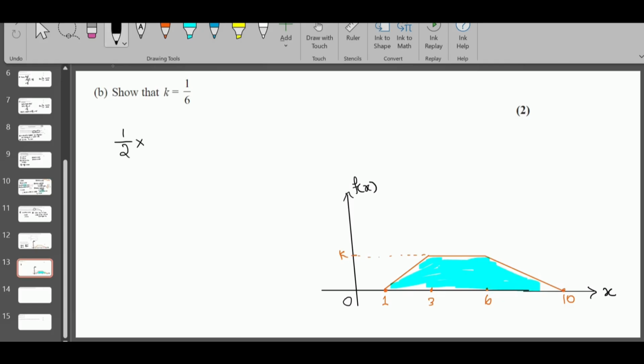Half times this length, from 6 to 3, it's 3, plus the bottom length, 10 to 1, is 9, times the height, which is k, is equal to 1. So k is 2 over 12, which is 1 over 6. That's all. Just a 2 mark question. That's the easiest way to find k.